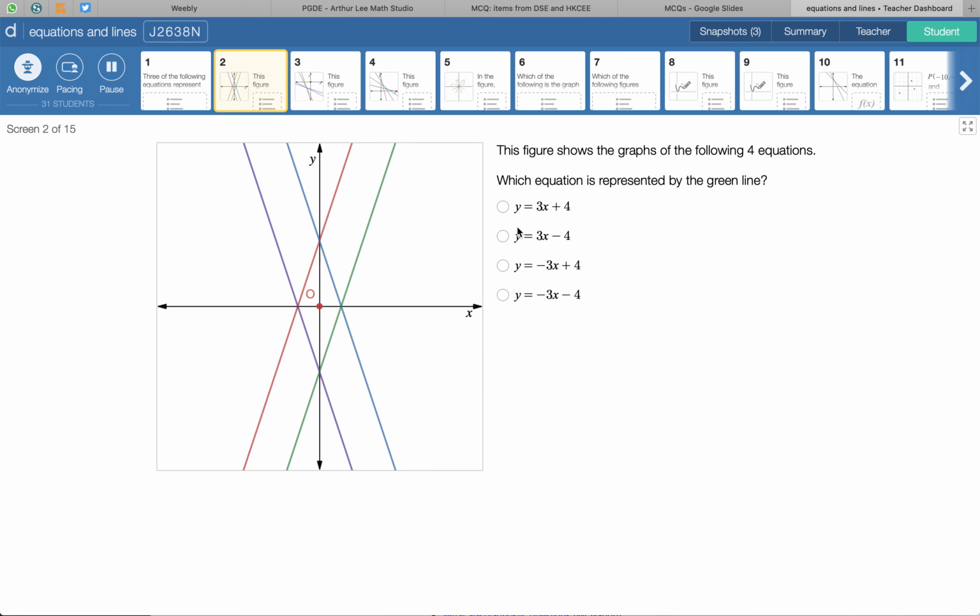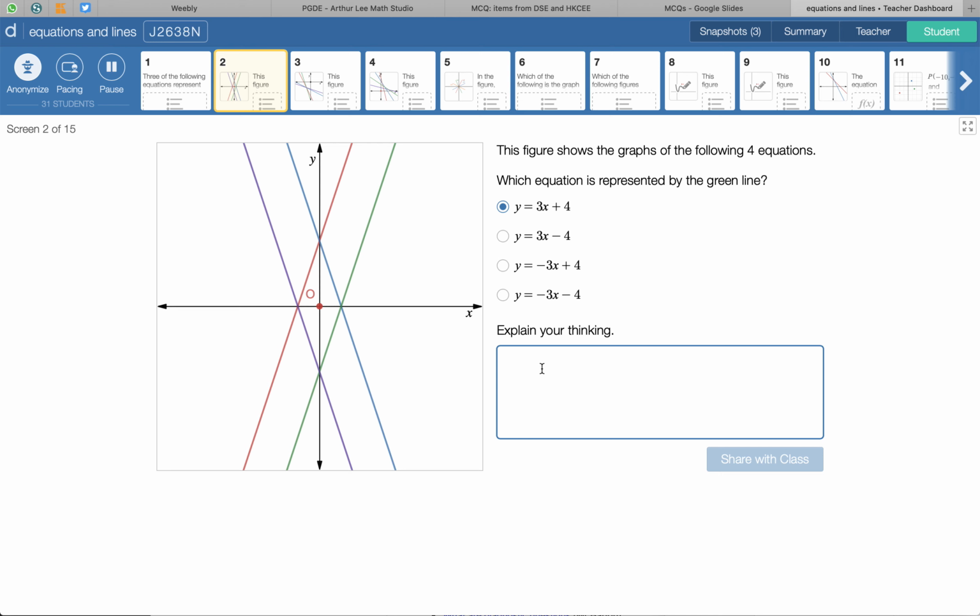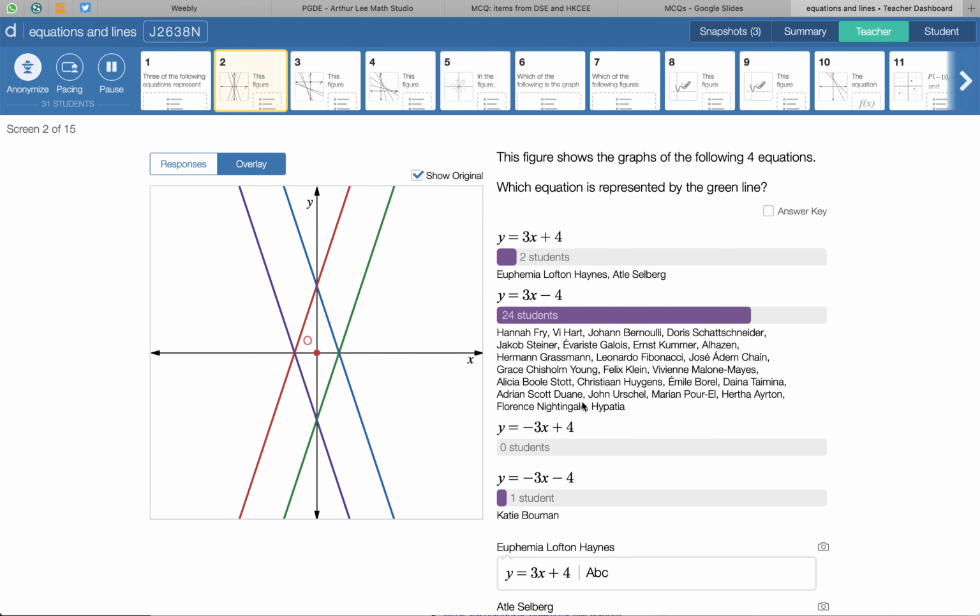Now, in answering this question, they are invited to give some explanations or descriptions of the work. If you check the teacher's page, this is the summary of the students' work. Okay, 24 students picked the second answer. And below, you can also see some of the descriptions. Some students try to put down a description, and you can select some of them for further discussion.